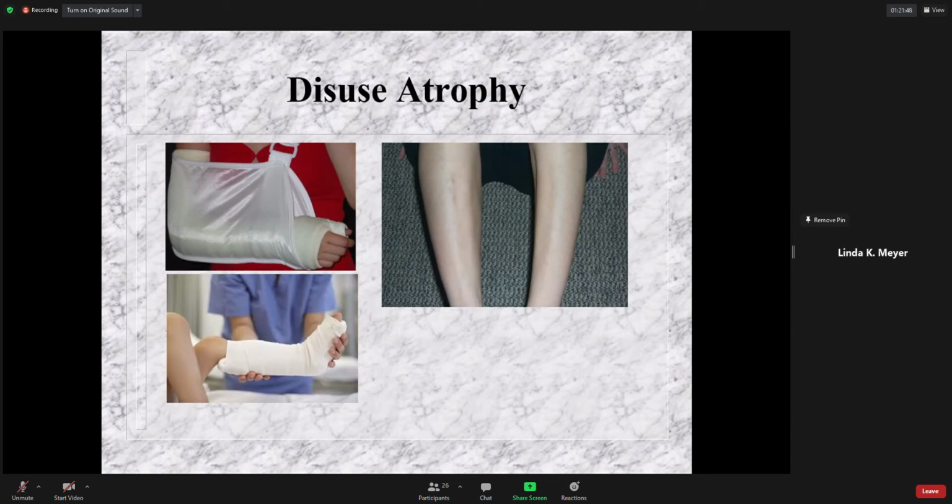When you first take the cast off, you may see that there has been some atrophy of one of your arms or legs, as shown on the right-hand side. So it just means from not using the body part, it becomes smaller in size. Once full function is resumed, it can go back to normal.